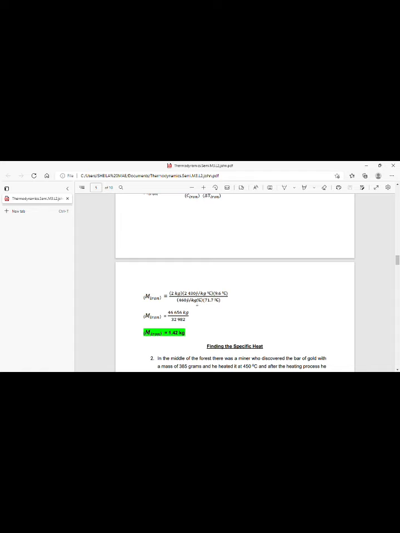Then the answer for the lower part is 32,982. We are going to divide it, and then we will be able to find the mass. The answer here is 1.42 kilogram, which is our mass of iron, as you can see here.